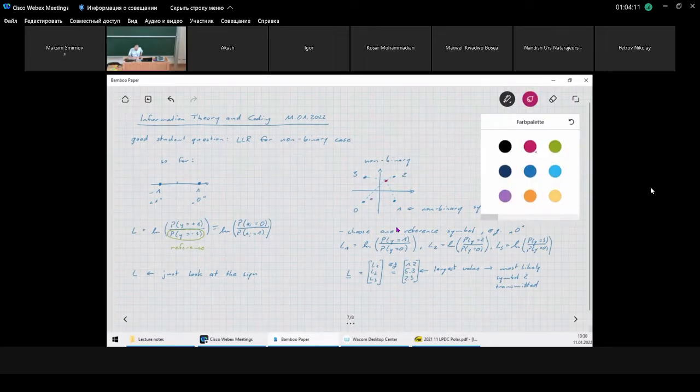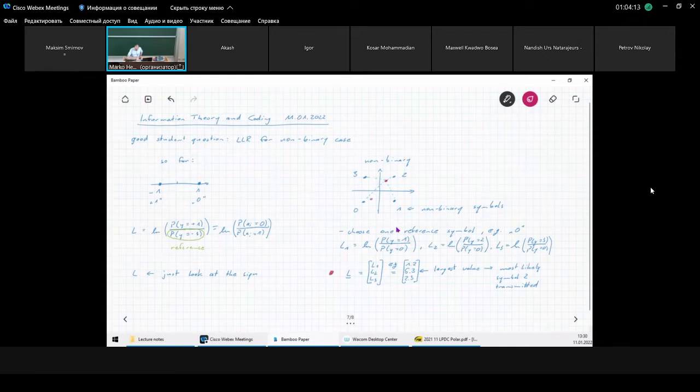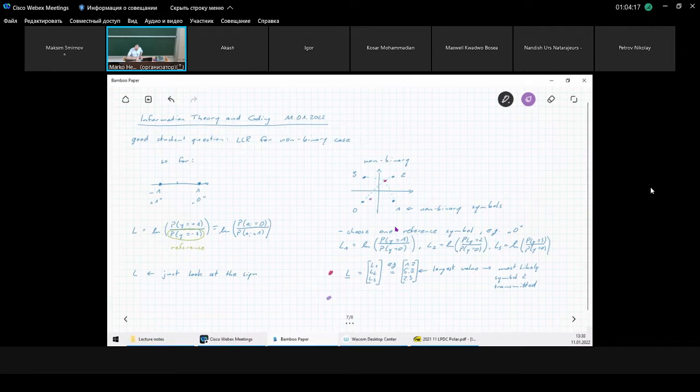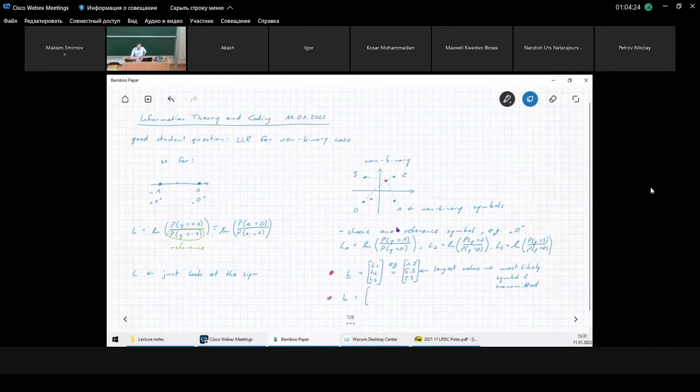Maybe we include this as an additional example, because otherwise I think this question could really come up with some points. So this was the red example, purple example. Well, again, the 0 is more likely than the 1. So this will be a ratio less than 1, so a negative value.